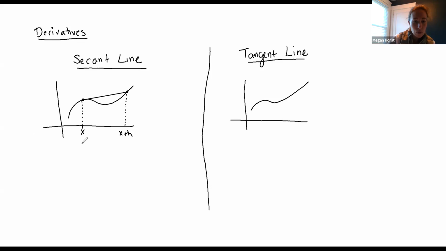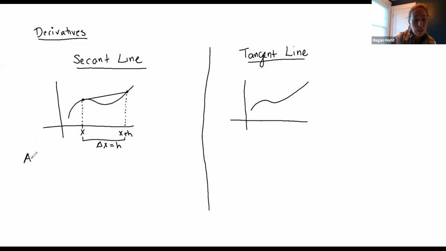First of all, that h is representing this delta x. So there's a change in x right here that we call delta x that's equal to h. So remember, in some of these problems, you may see delta x in lieu of h. By all means, replace that delta x with an h if that's more comfortable for you. If you want to practice using delta x, you're also welcome to do that as well.